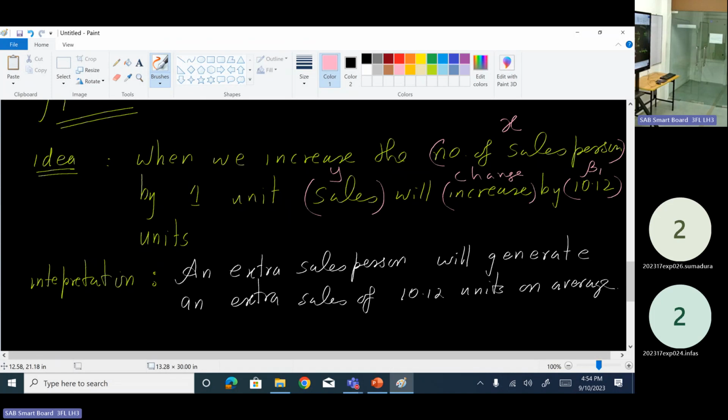That's the general one. You got the point? When we increase the x by 1 unit, y will change by beta 1.